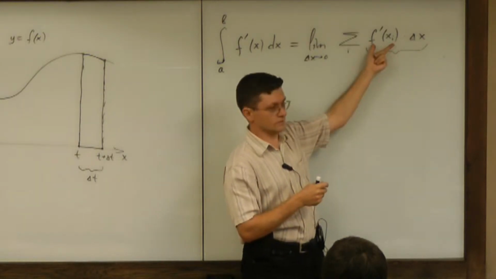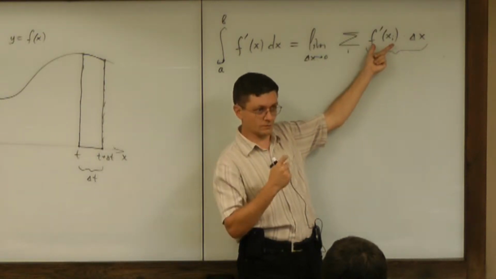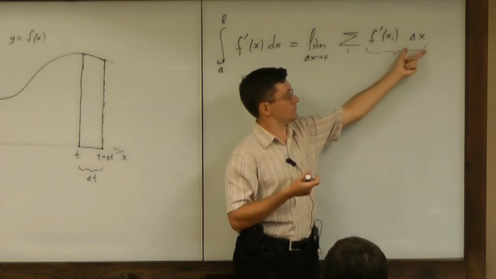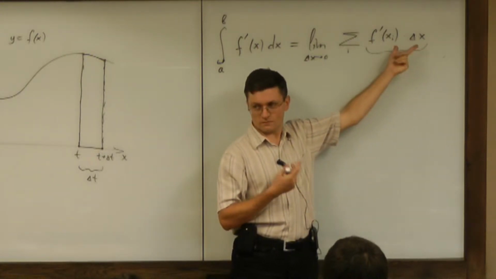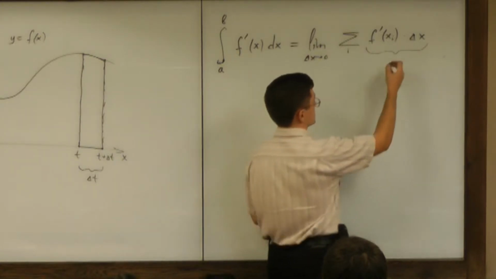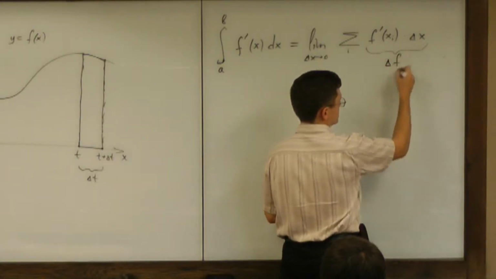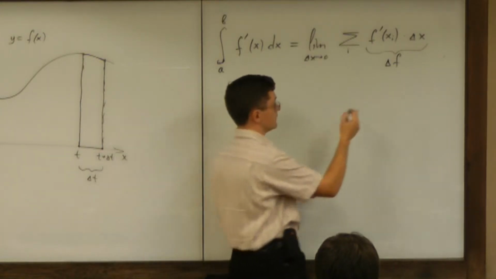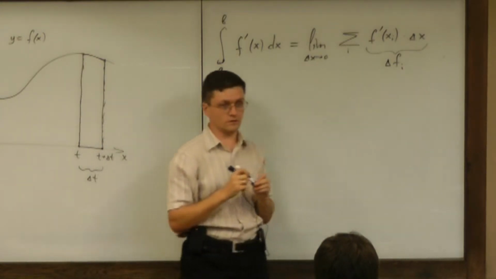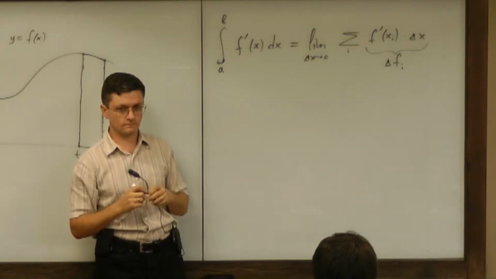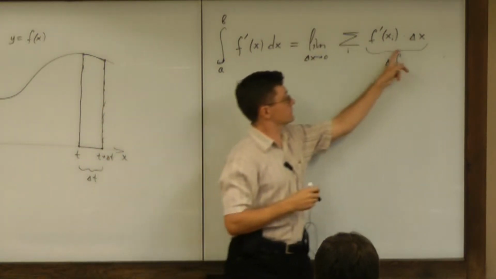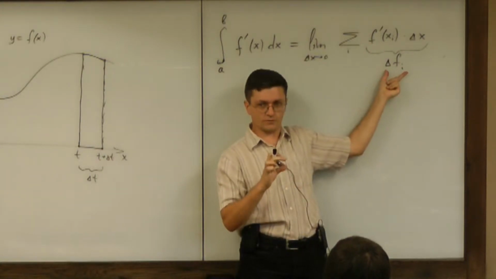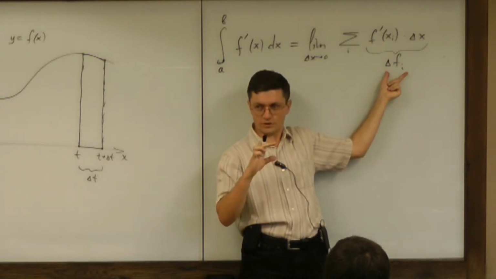Well, the derivative itself is the change of f divided by the change of x, right? So if you multiply the derivative by the change of x, it cancels. So it means delta f. It means the change of f on that ith interval. So the meaning of the ith summand is the change of the function f on the ith interval. Total change.